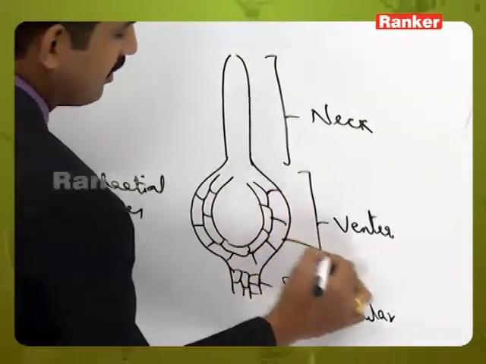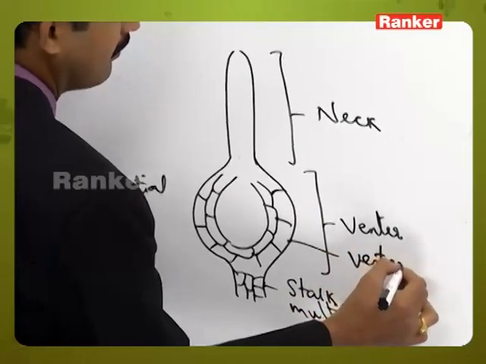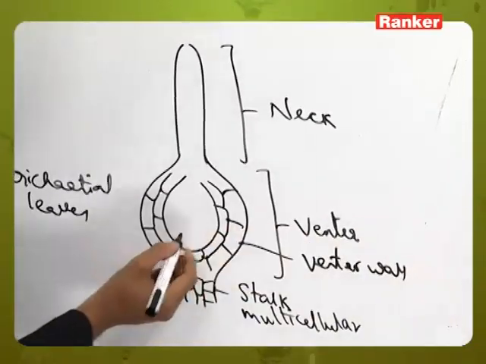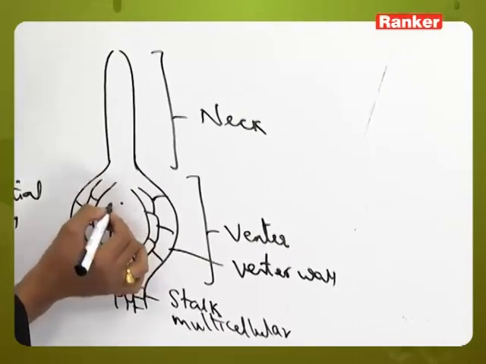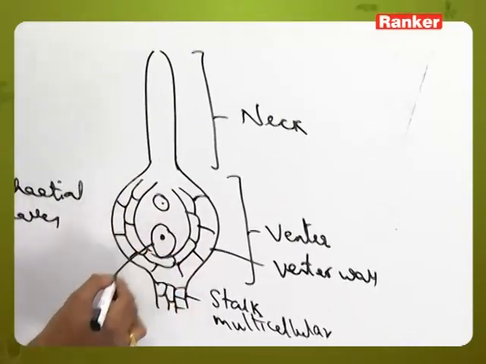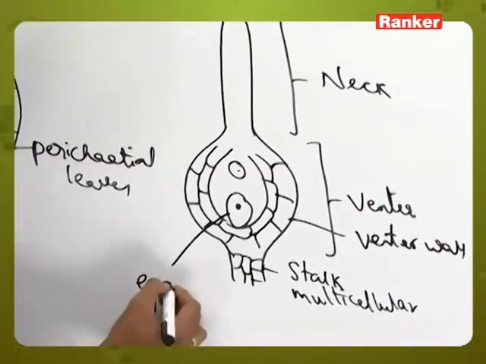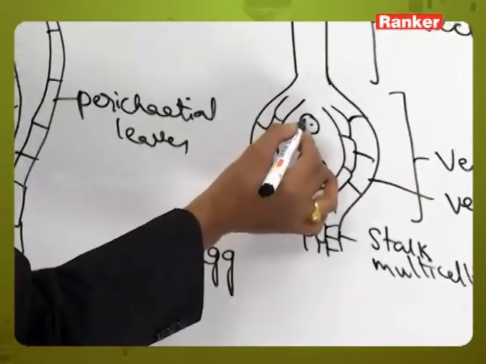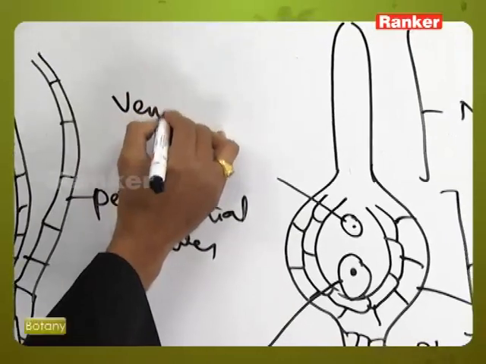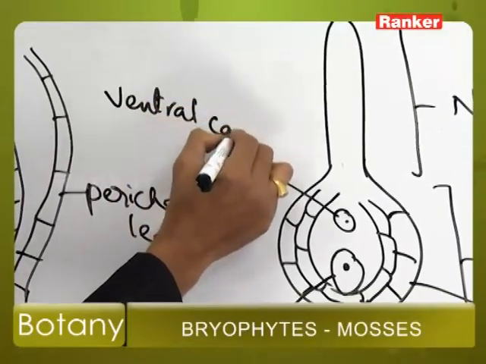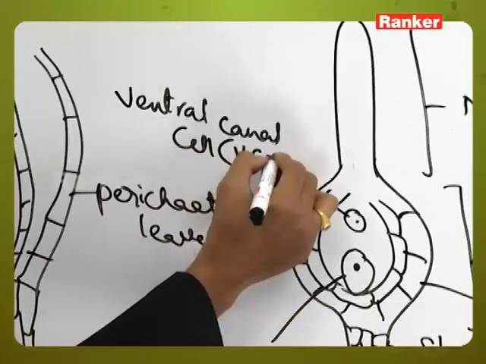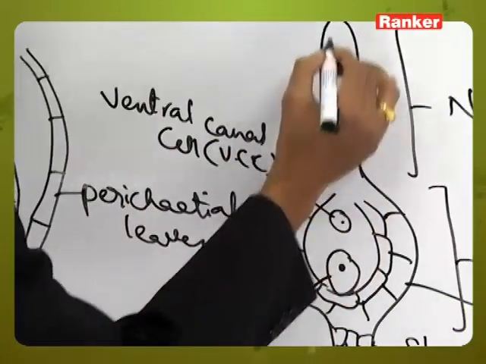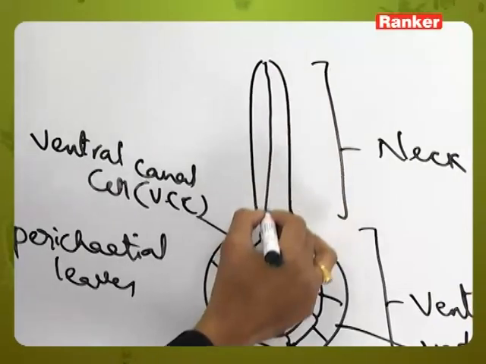So this is called the venter wall, in which we can see a big nucleus on the lower side and a small one on the upper side. The larger one on the lower side is the egg, and above that the smaller one is called the ventral canal cell, or VCC, and above that we can see the long and elongated structure.